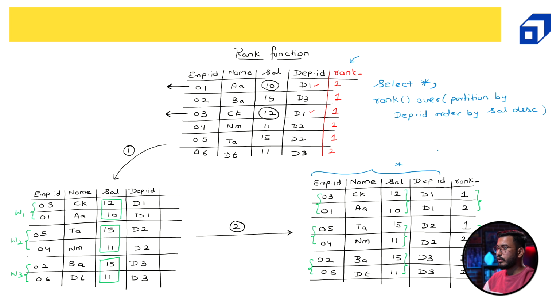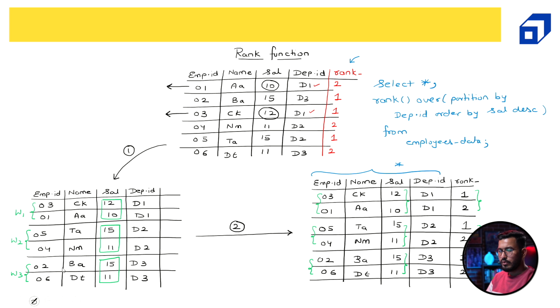This is very important. I have to order my data within each window according to the salary column, but in descending order, so that within each window I get the first row as the highest salaried employee, followed by the second highest, third highest, and so on. And from the table employees underscore data. So this is how the rank function works.